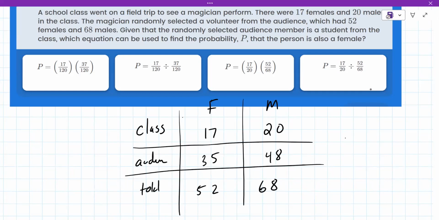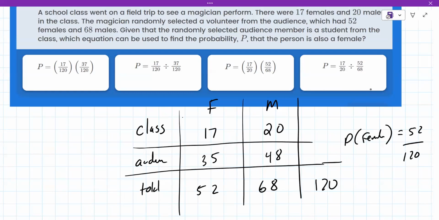So the probability that there's a female is 52 females out of the grand total, which is 120, like that.